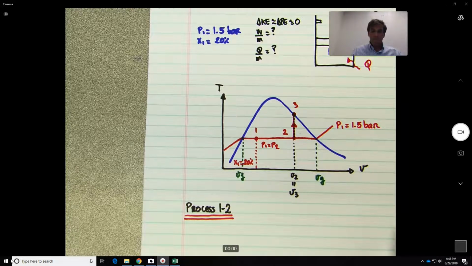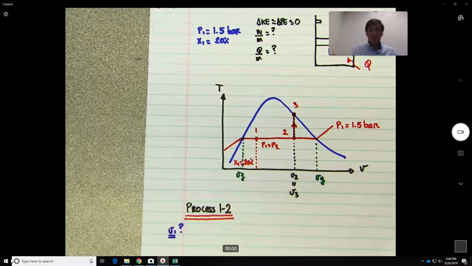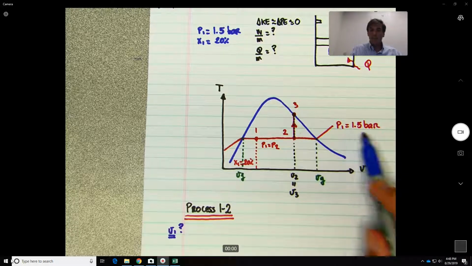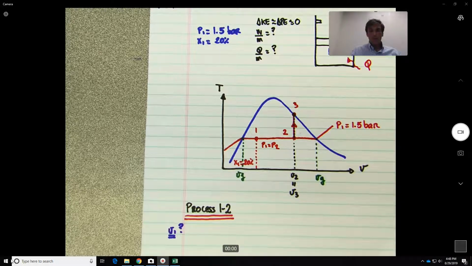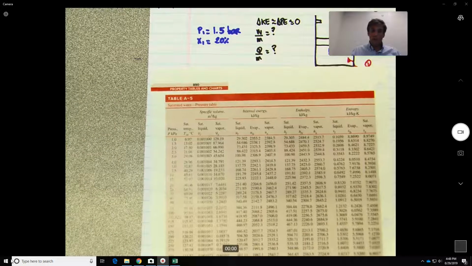So, okay, the first thing we can do is to find actually v1. So how can we find v1? We know the pressure is 1.5 bar. So that means that for water, we can go to table A-5.